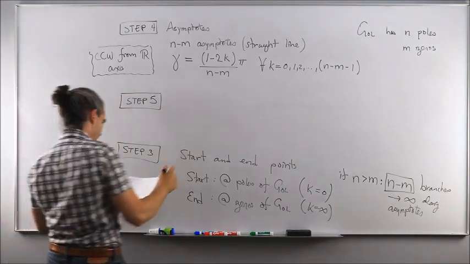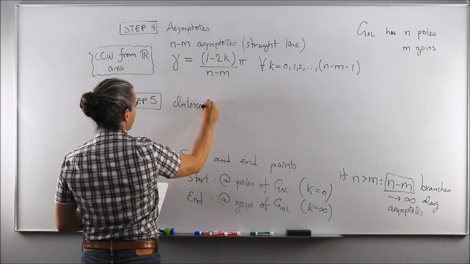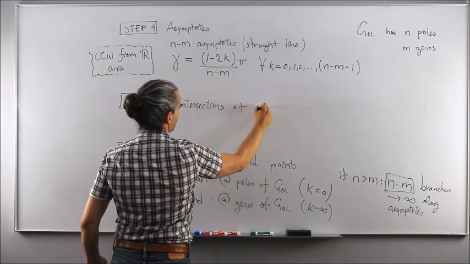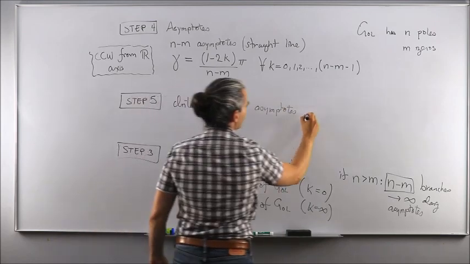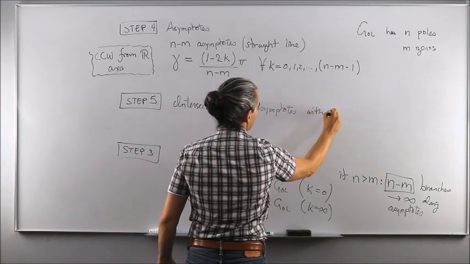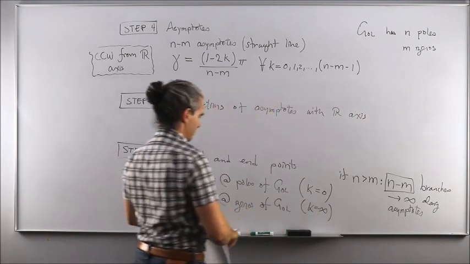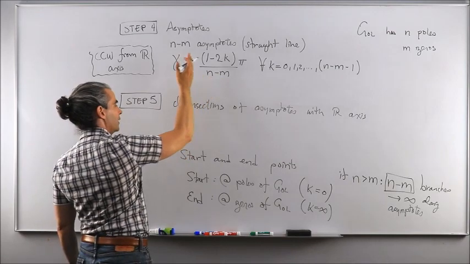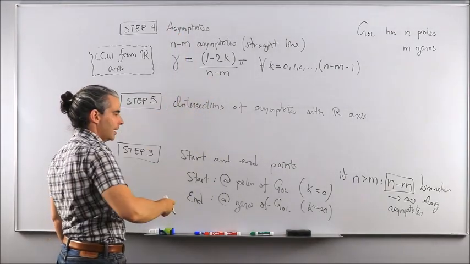Step 5. We're going to calculate intersection of our asymptotes with the real axis. Because now we know that in our example, we had one asymptote at pi over 2, straight up, and minus pi over 2, straight down.